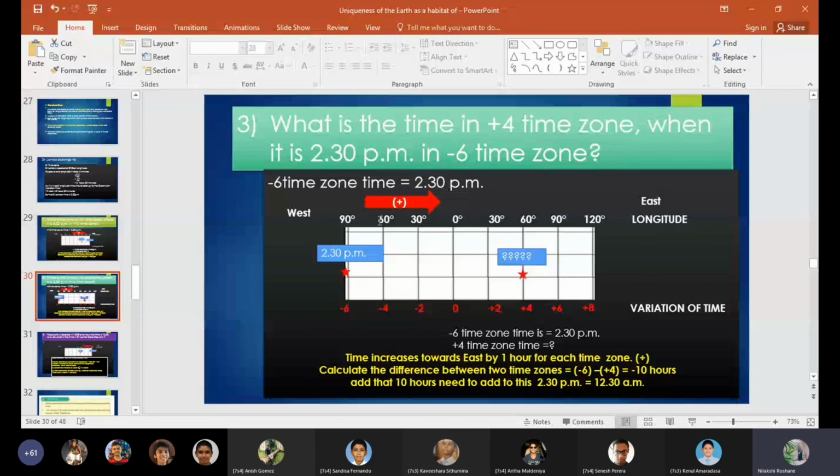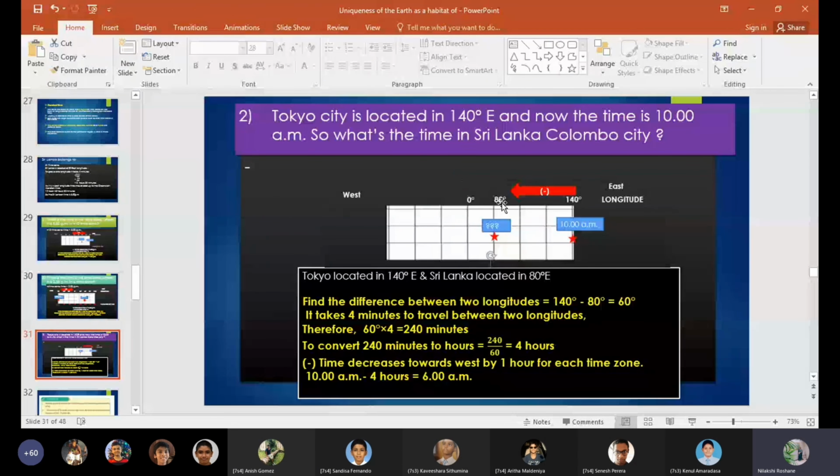If you get a question different from this question, the pattern is different. So use the information and draw a small sketch, and you will get to know what you have to do to solve these questions. These are the 3 types of questions that you can have from time.